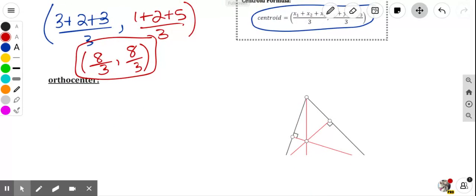Okay, the last thing I'm going to define, but we're not really going to use it, to be honest, just so you know that it does exist, is an orthocenter. An orthocenter is the point where the 3 altitudes intersect.